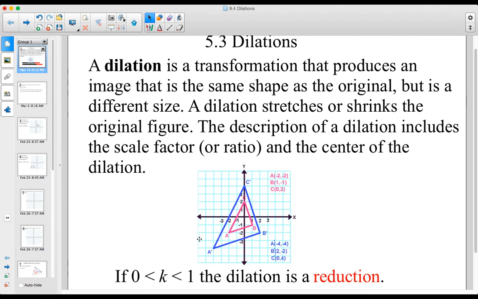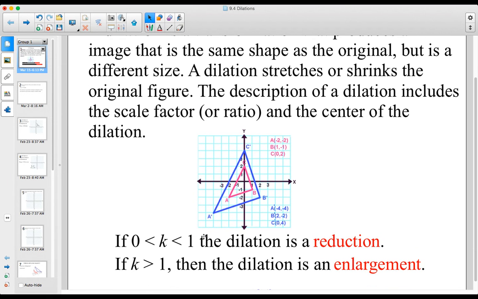The scale factor, we usually use the variable k. If the scale factor is between 0 and 1, the dilation is a reduction. If the scale factor k is greater than 1, then the dilation is an enlargement. This is an example in our diagram of an enlargement.